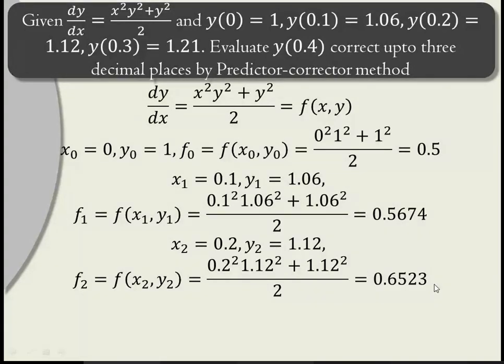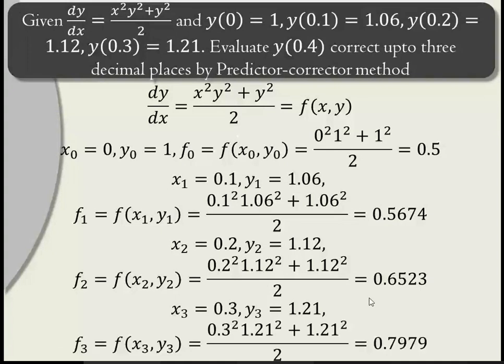Find f3. For that we need x3, y3: x3 is 0.3, y3 is 1.21. So f3 will be f of x3, y3, that is 0.3 square into 1.21 square plus 1.21 square divided by 2. That is 0.7979.